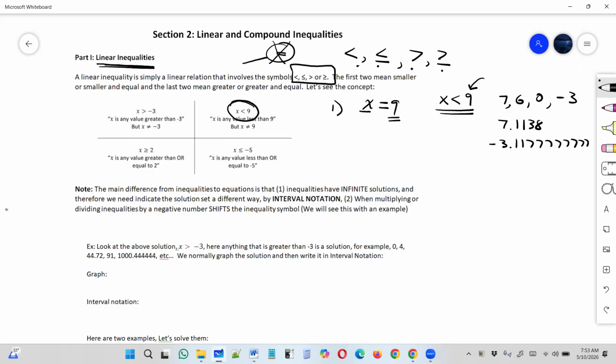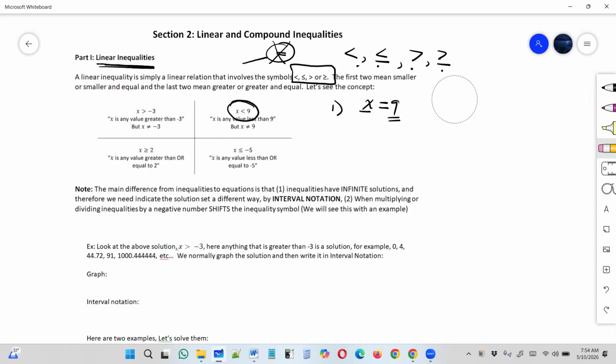So with these inequalities, we may have infinite solutions as answers. So we can't list them all, right? That would be very, very difficult because we have infinitely many numbers. So we have to devise a way of specifying or writing the answer in a way that is compact.